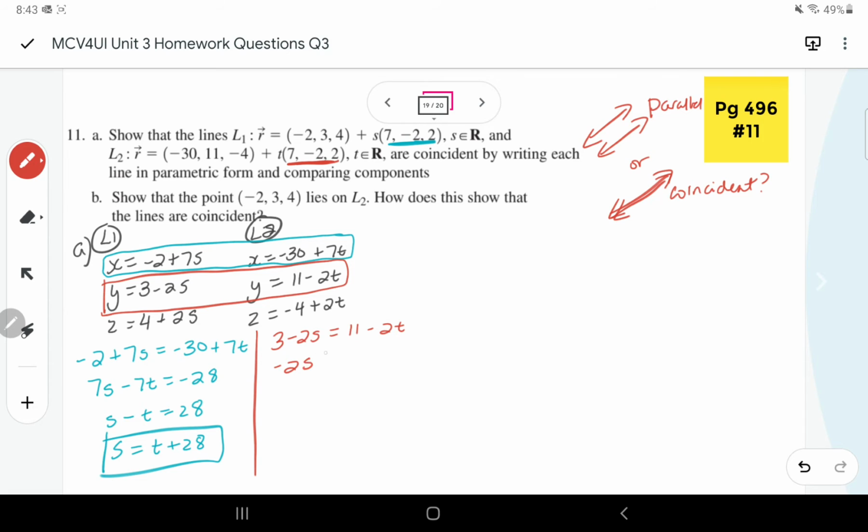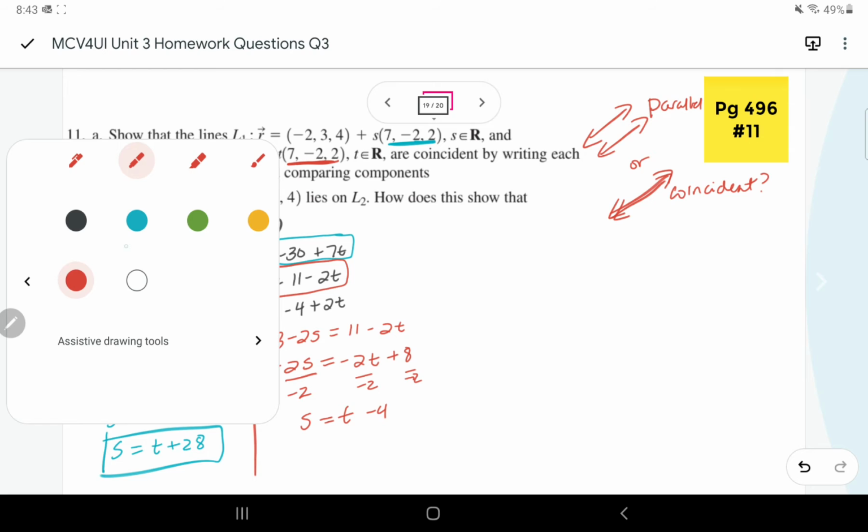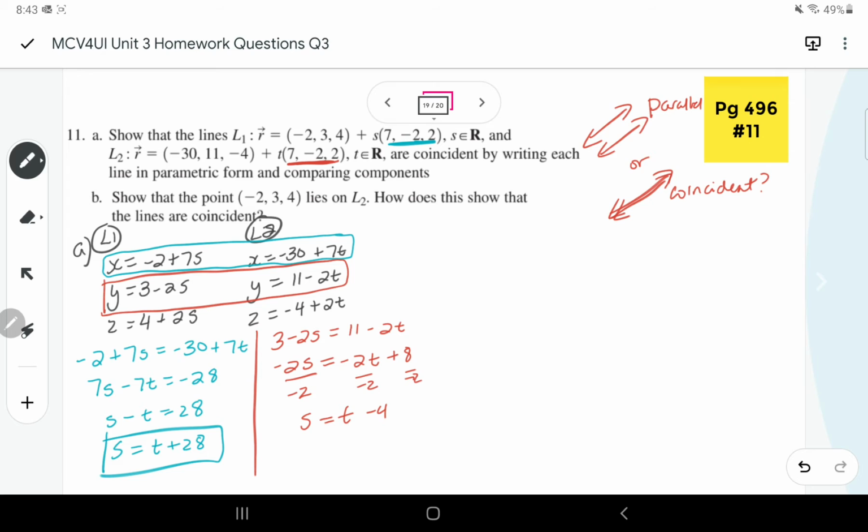So negative 2s equals negative 2t, and bringing that over, we'd have plus 8, and divide out. So s is t minus 4. Then we would do a substitution with these two so we could figure out what the value of t was.